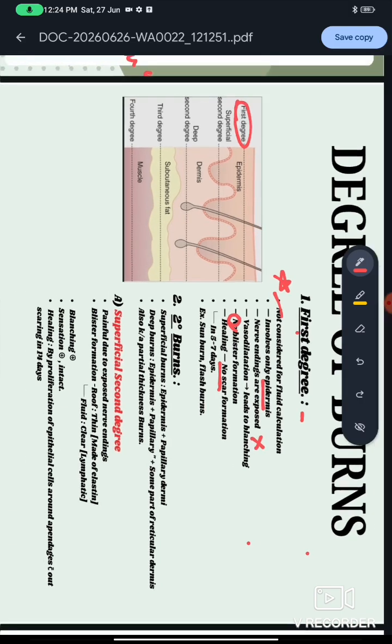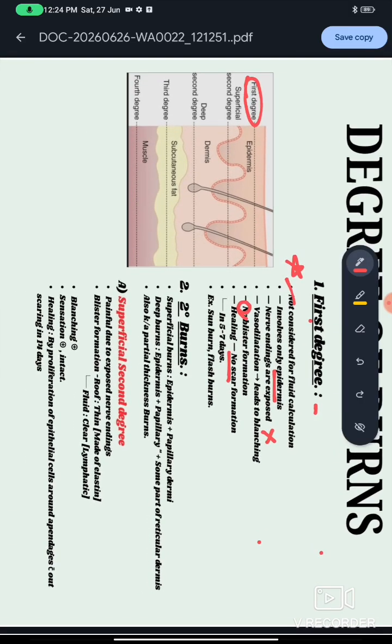Moving to the second degree burns. Second degree burns are again divided into two parts. Second degree involves the second layer, which is the dermis. Now dermis also contains two layers, that is papillary dermis and reticular dermis.